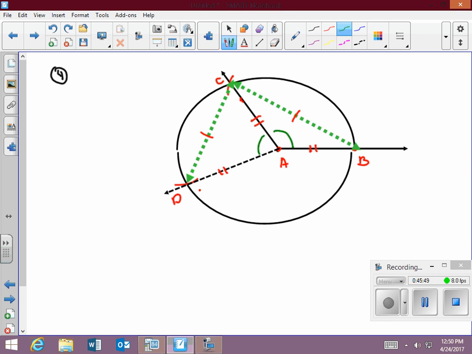You see the congruent triangles? Triangle DAC is congruent to BAC, side, side, side. Then these two angles are congruent by corresponding parts, and then you double the size of your angle. And there's your proof. Interesting. I'm just out of time, that's why I shortened it up. Okay. Three.